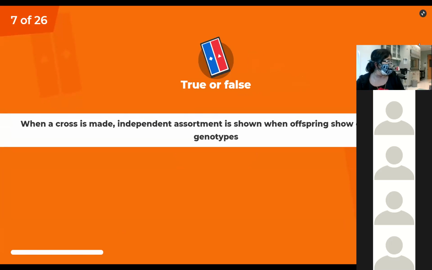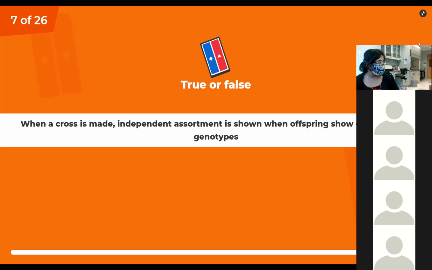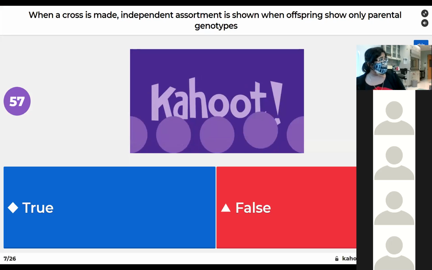True or false? When a cross is made, independent assortment is shown when the offspring show only parental genotypes.